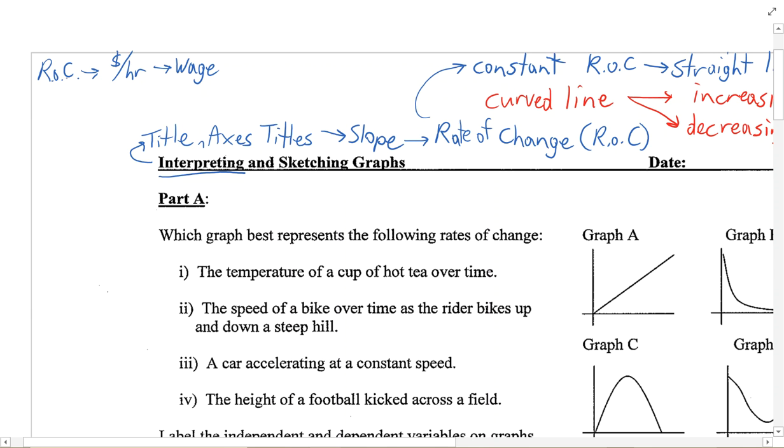Another very common rate of change is how you got to school today, probably in a car, and so it's going to be kilometers per hour. And what do we call that? That would be speed. So those are two common rates of change. Okay, speed and wages. And those are ones to use all the time.